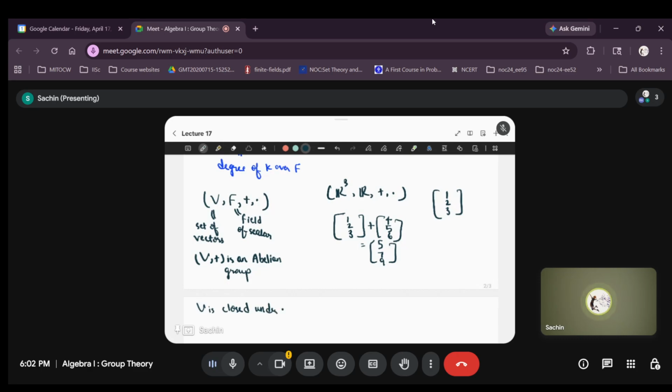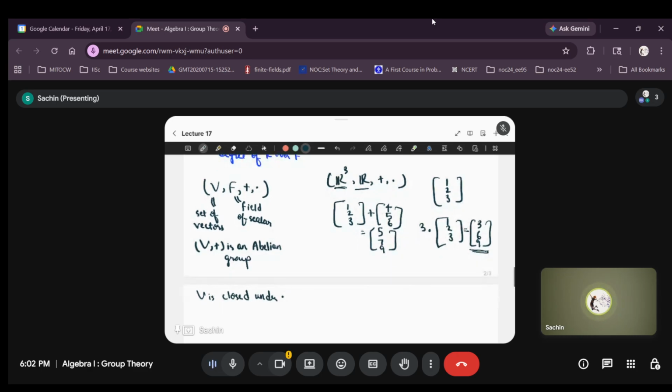That is, if you take some element in R, that field of scalars, here it is R in the example, so let's say 3, and you multiply that with a vector in V, that is R3 here, 1 2 3, what you get is 3 6 9, which is also a vector in R3.